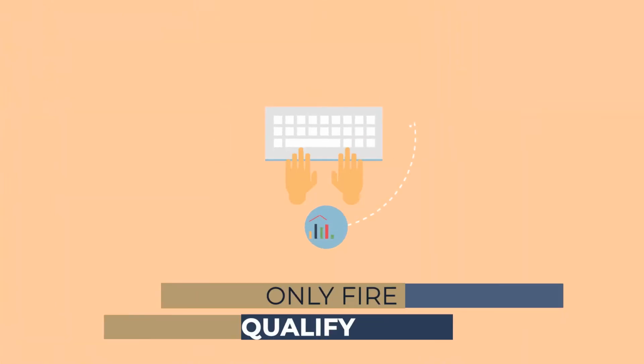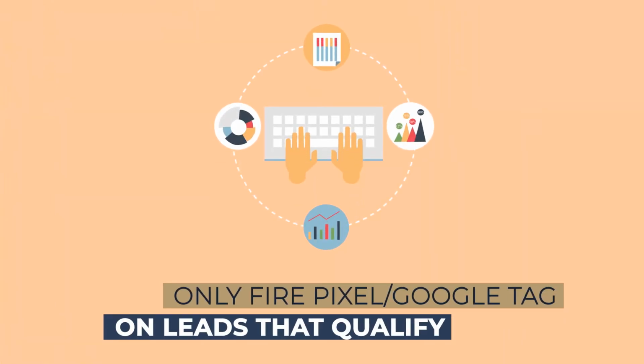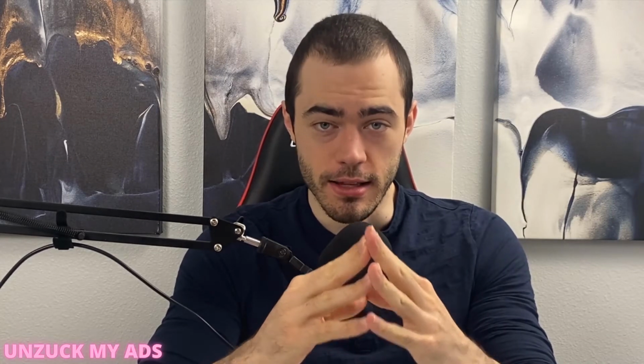So the third method we're going to talk about to improve lead quality is only fire your pixel, or the Google tag, on leads that qualify. So after you implement a survey to filter out the bad leads, you only want the Google tag to fire on the good leads.